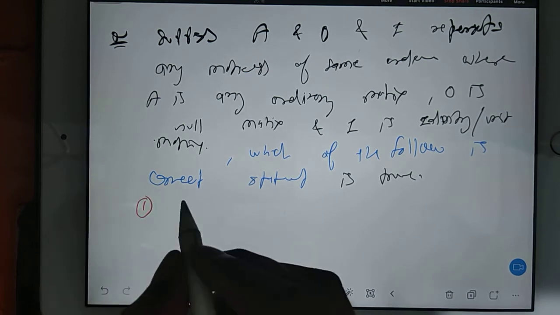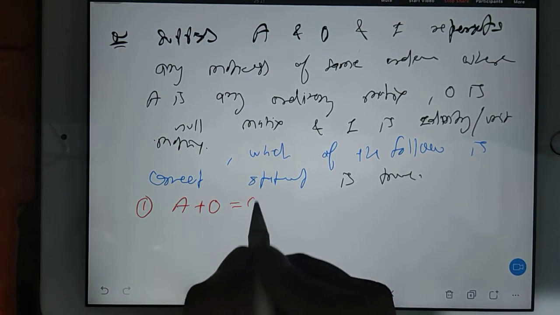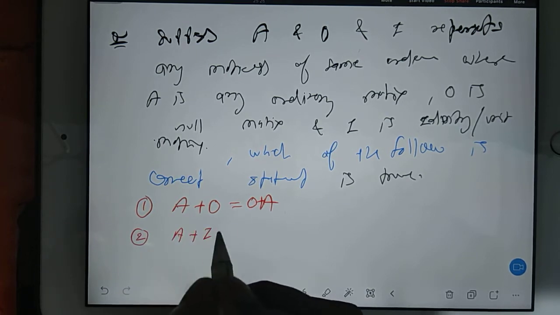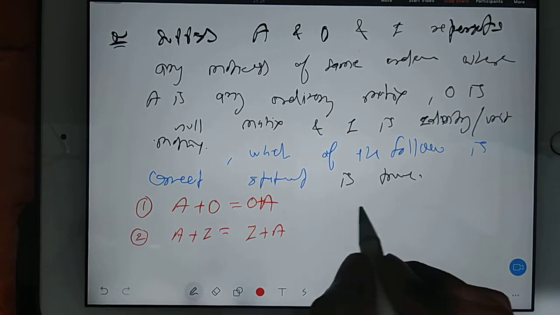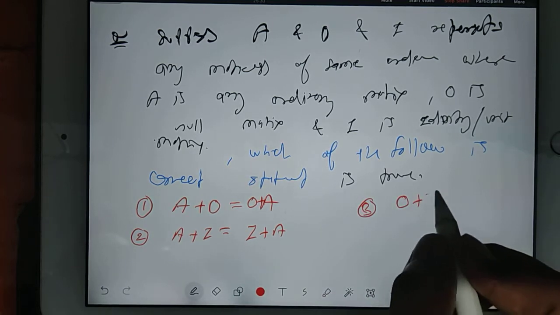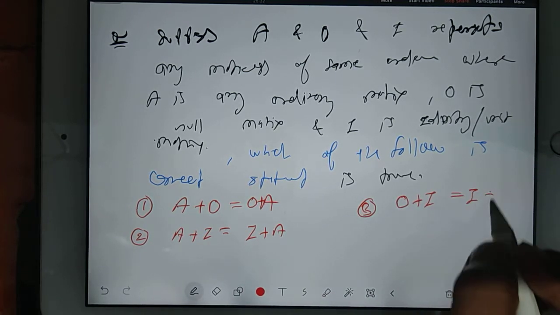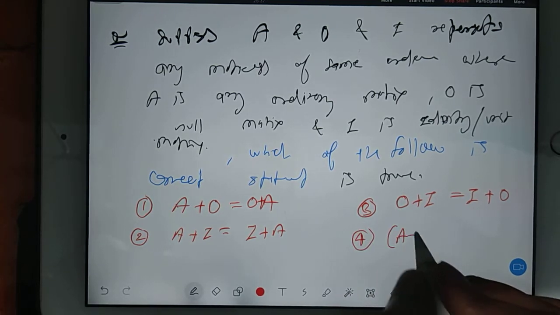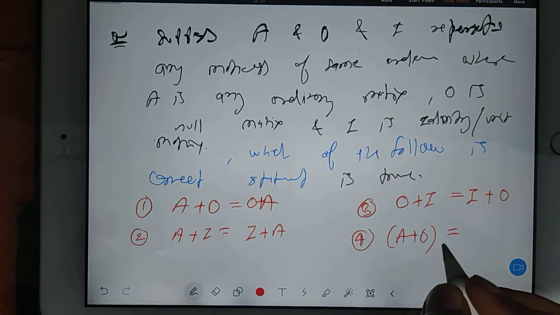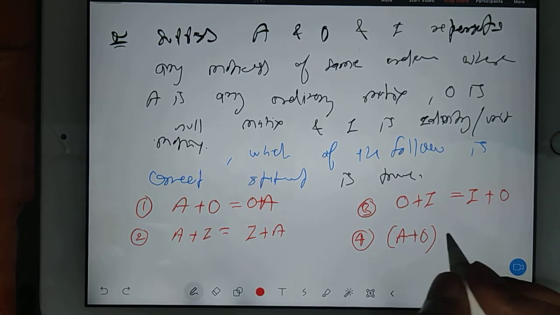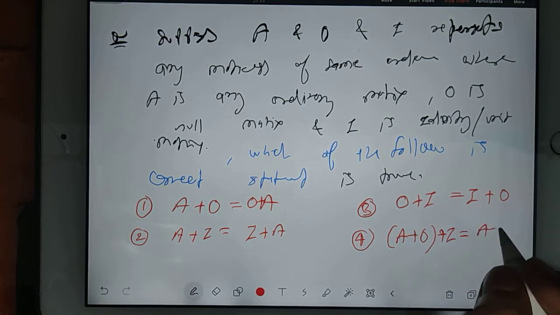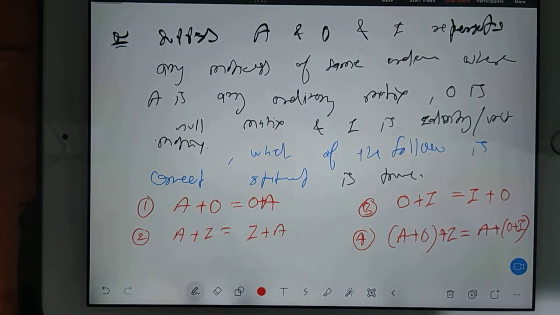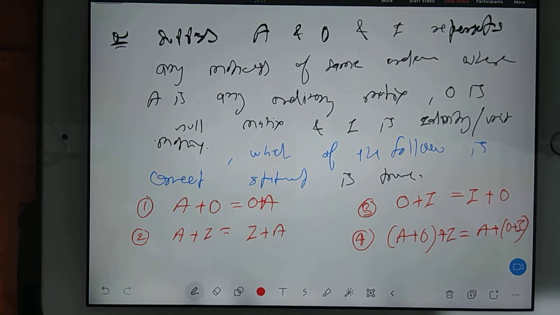Okay, now the first option: A plus O is equal to O plus A is true, or A plus I is equal to I plus A is true, or O plus I is equal to I plus O is true, or A plus O plus I is the same in any grouping is true. Guys, choose the option.